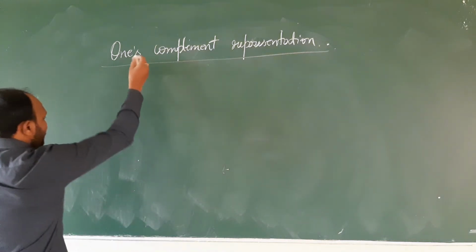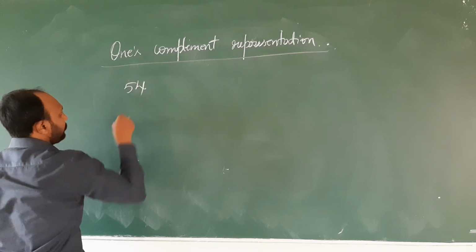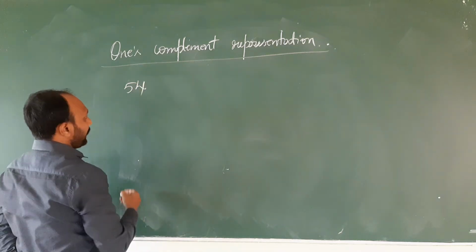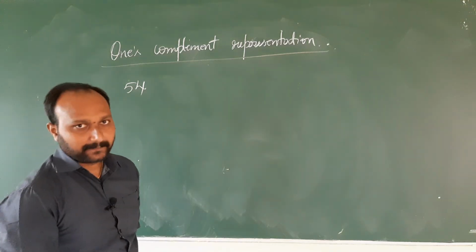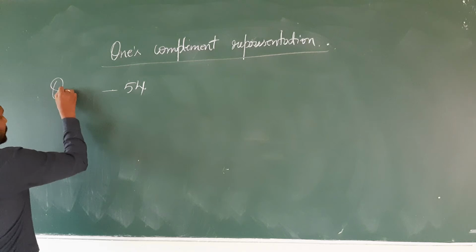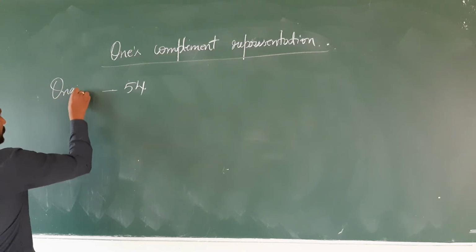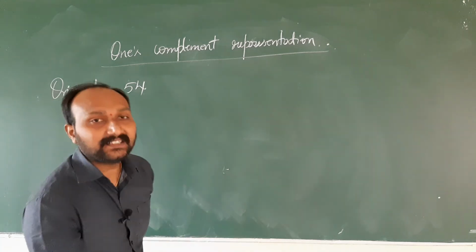Okay. If I want to represent, let us say 54, I want to represent 54 in ones complement. So 54 is the original number. I want to convert it into its ones complement.